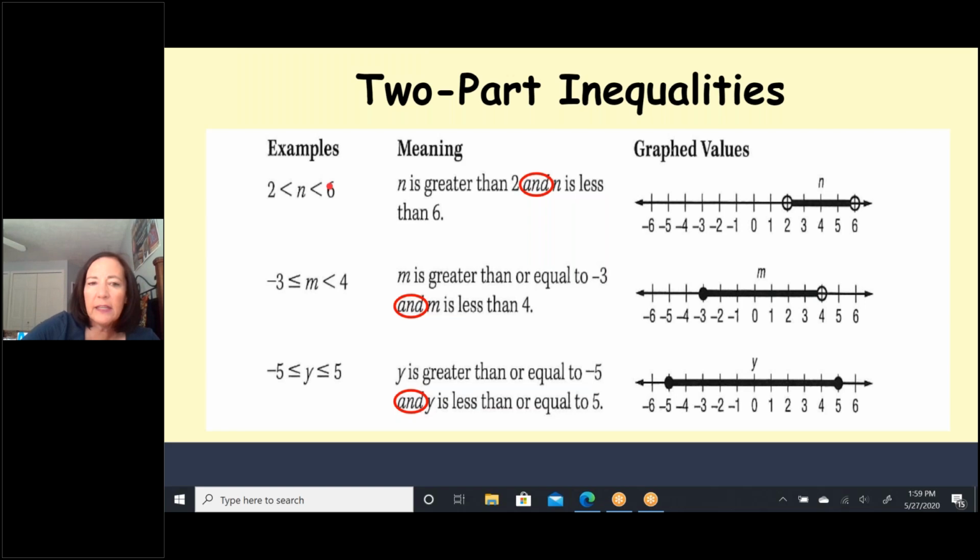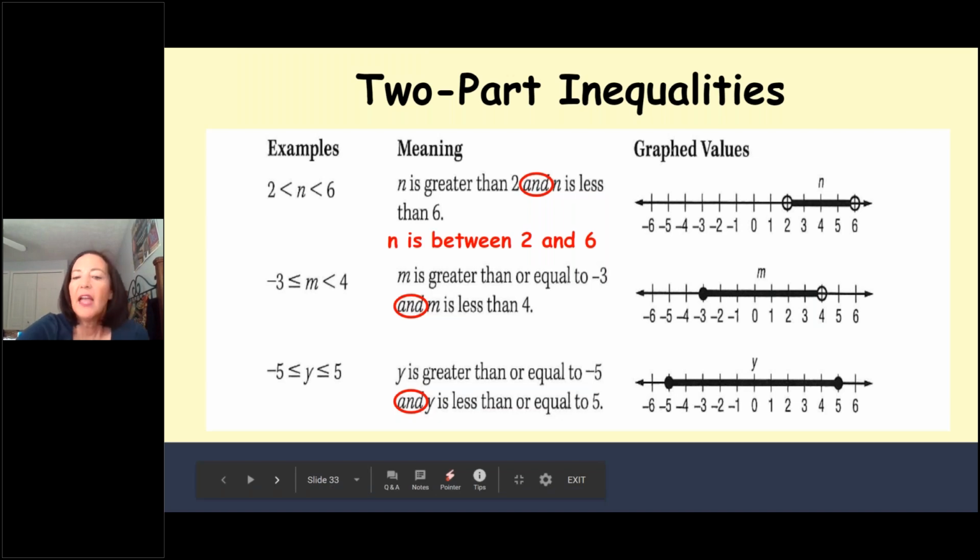Honestly, I have heard this read as n is between 2 and 6. You're going to see it lots of different ways, but I thought n is between 2 and 6 is just as common as n is greater than 2 and n is also less than 6. And that's what the graph would look like.